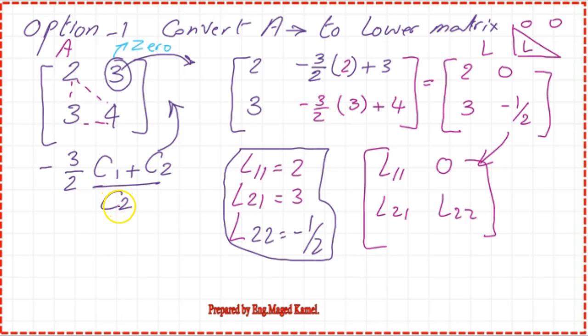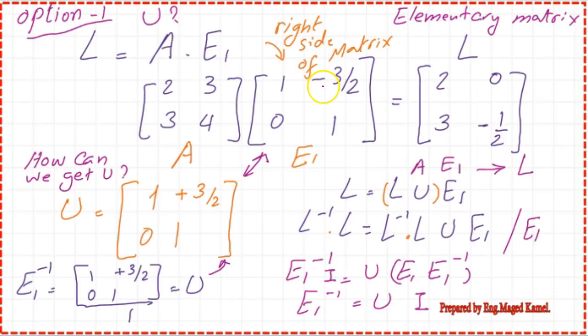If we want to use the elementary matrices, we are going to use an elementary matrix, but we are going to multiply column-wise, not row-wise, to perform a column operation. So this is matrix A, 2, 3, 3, 4. We'll multiply by an elementary matrix. We call it E1. We keep 1, 0 here. It means that this column will not change.